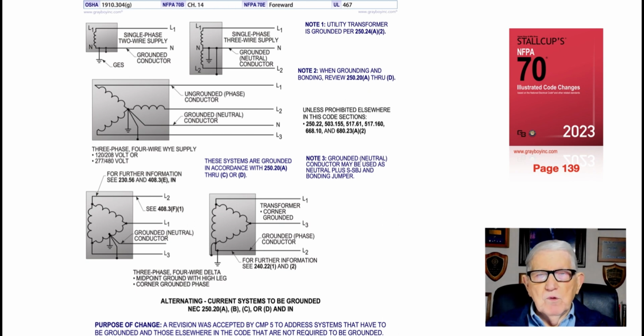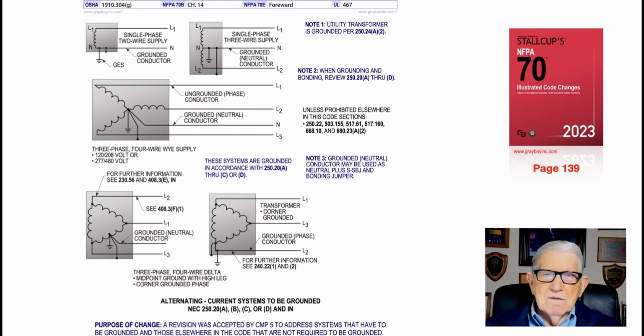And we read from L1, L2, and L3 to the grounded leg there, 120 or 277, whatever the voltage may be. But phase to phase, it's 480 or 208, depending on the voltage of the system.